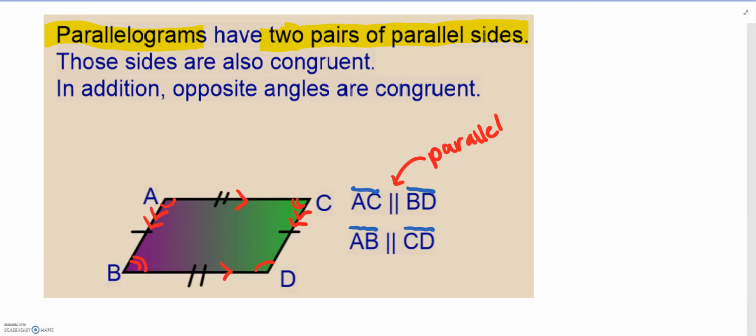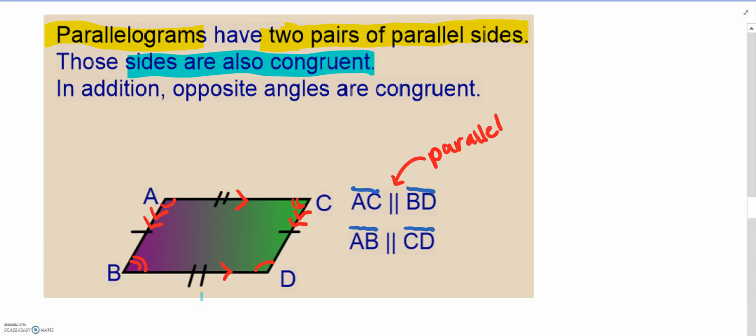The opposite sides are also congruent. You can see this again looking at the diagram. The black tick marks show you what sides are congruent to each other. If I look down here, I have two black tick marks for line segment AC and two black tick marks for line segment BD, which lets me know that those two are congruent, which means they have the same measure.